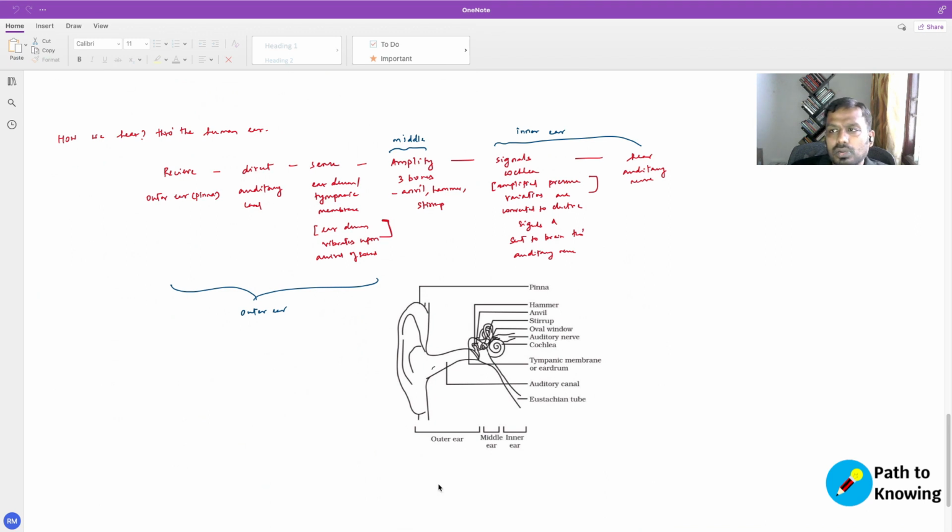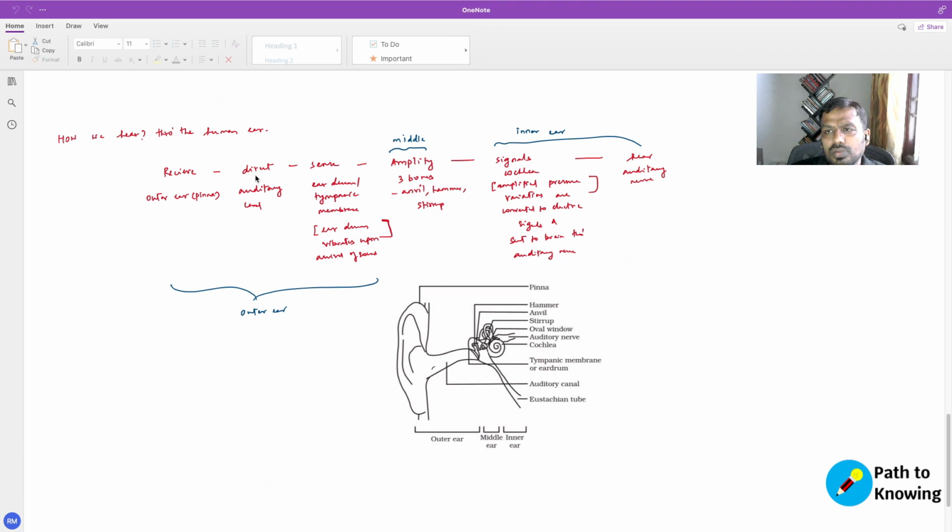In a sense, the job of the human ear is to do five things. First is to receive the sound. As the sound propagates and reaches the ear, it has to receive it, which means it has to direct and channelize all that sound. That's the role of the outer ear, which is called the pinna, and that is to receive the sound that is propagated till the ear.